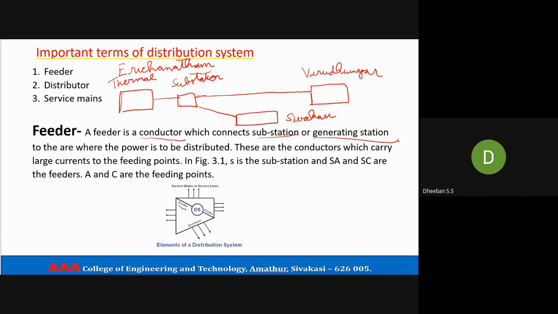The main wire used for supplying the power from your substation to the nearby areas like Virudhunagar and Sivagasi is nothing but your feeder. This is what you have to know. And the main thing in this feeder is that it carries large currents. The current flowing through these feeders will be very, very large.